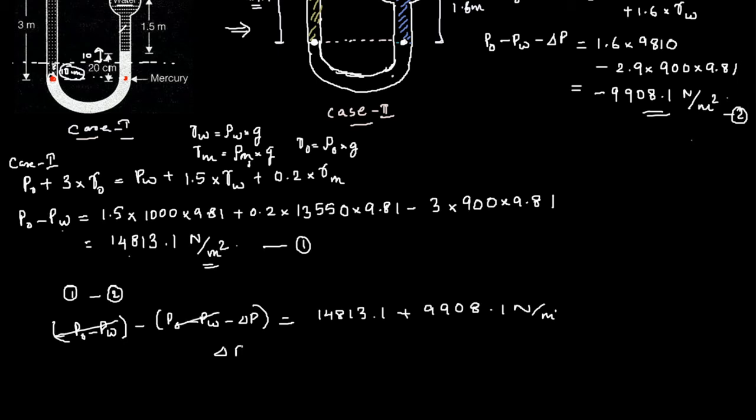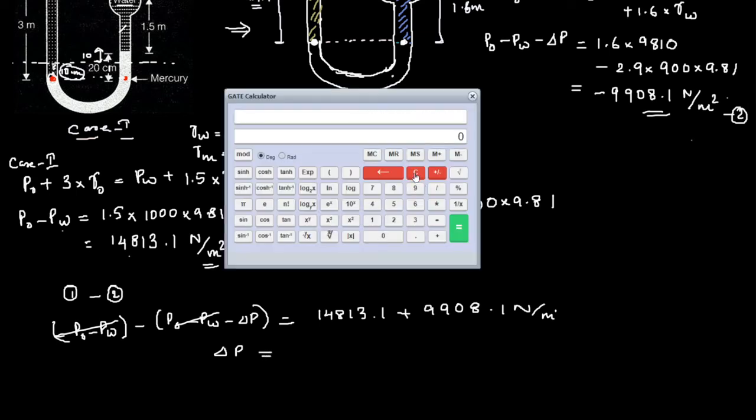So delta P will be equal to 14813.1 plus 9908.1.